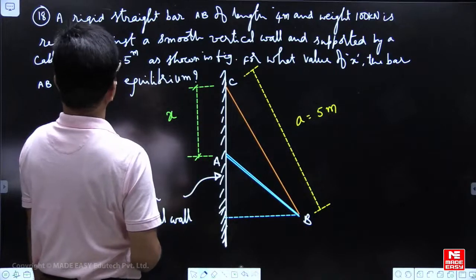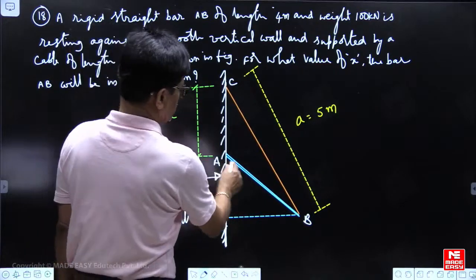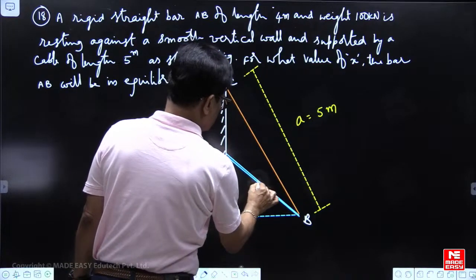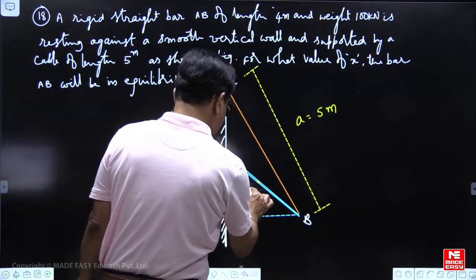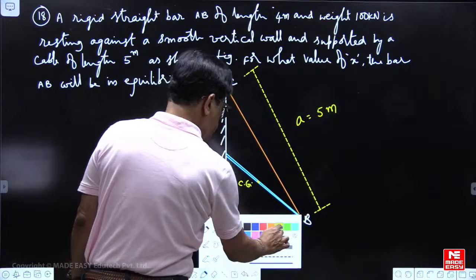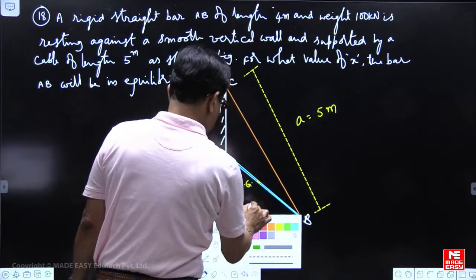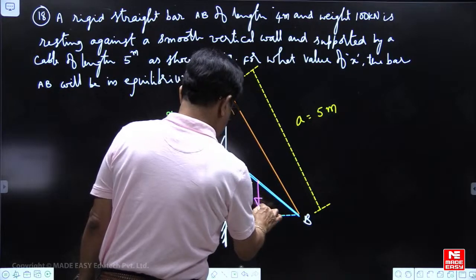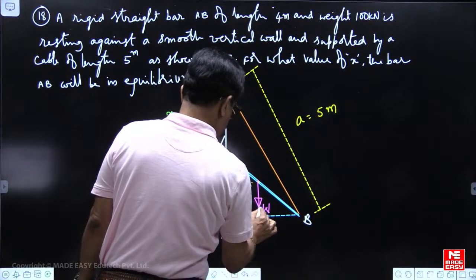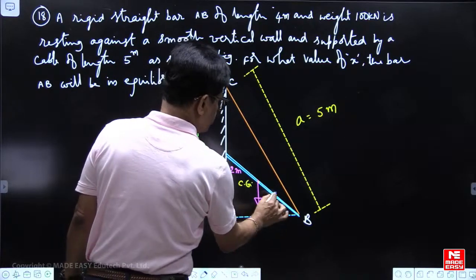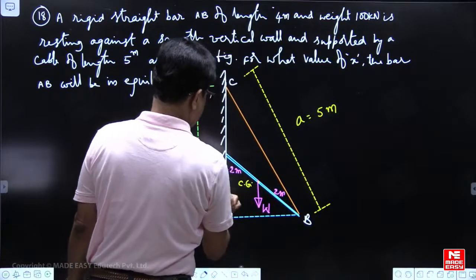And AB, this length is 4 meters. CG will be somewhere here. This length now becomes 2 meters, 2 meters.